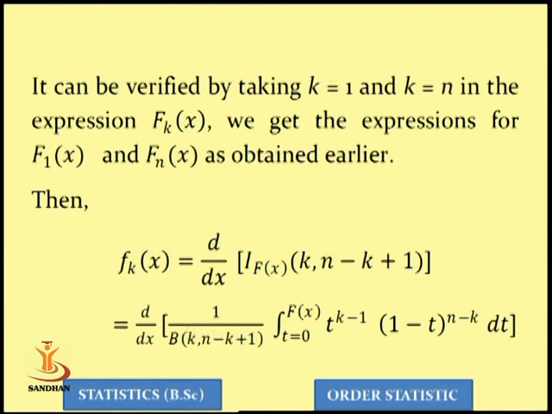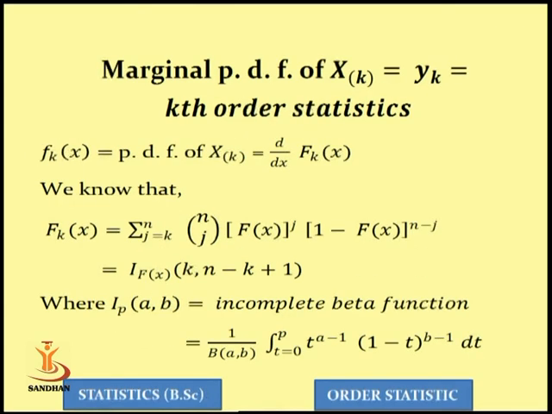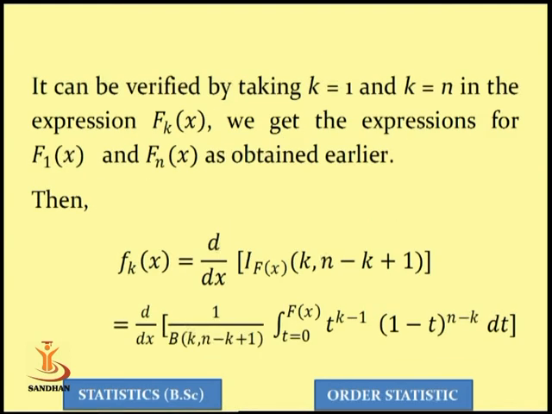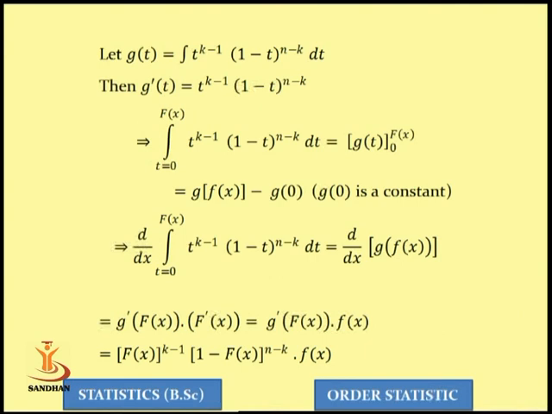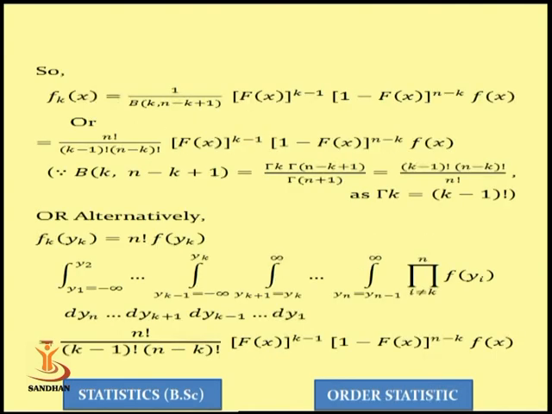So we can use the alternative approach, where you go ahead with the derivative of this function F(x), but integrate the incomplete beta density, and we may derive our density that way.